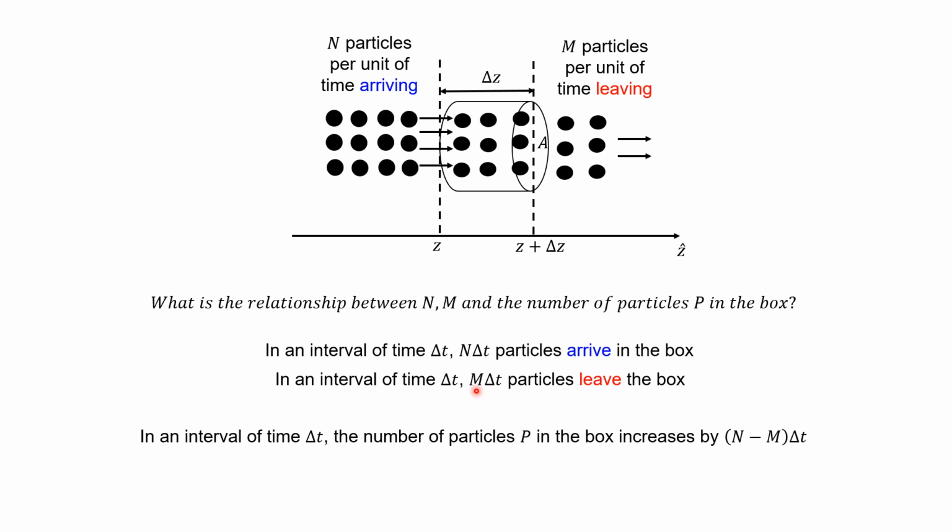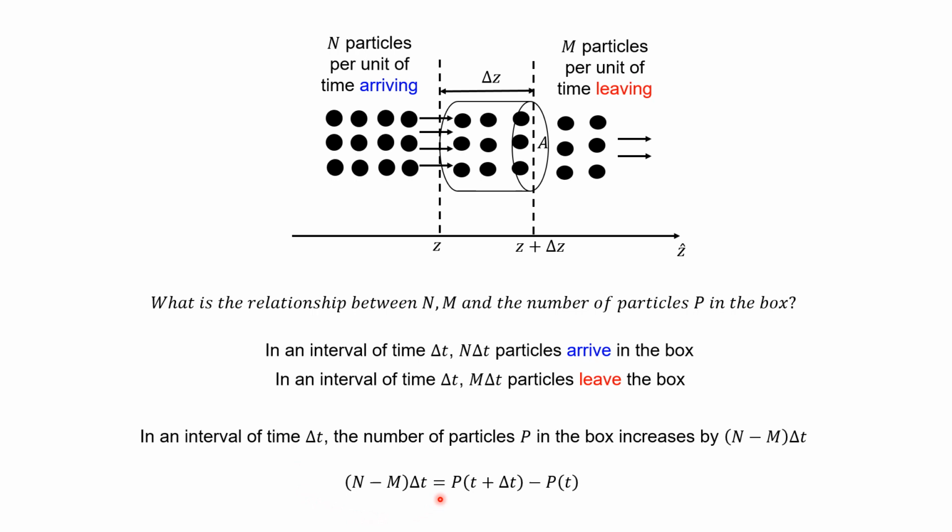Okay, so if in an interval of time delta t, n times delta t particles arrive in the box, then the number of particles inside the box increases by n times delta t. But if m times delta t particles leave the box, then in this same interval of time, the number of particles decreases by m times delta t. So the net increase in the number of particles inside the box is just (n minus m) times delta t.